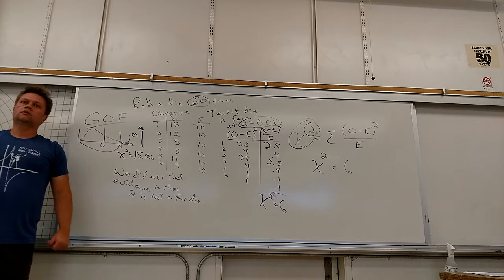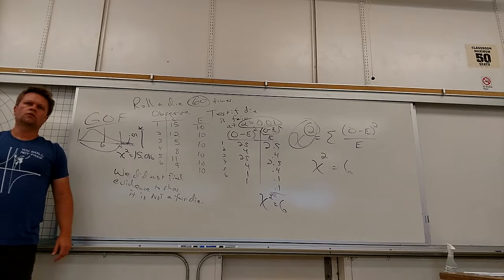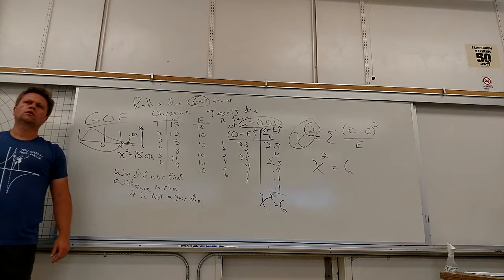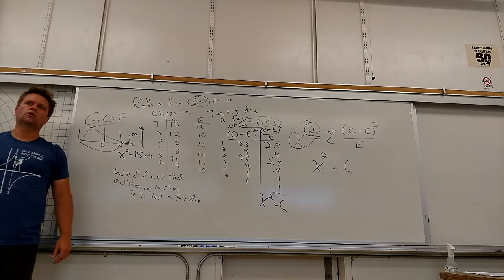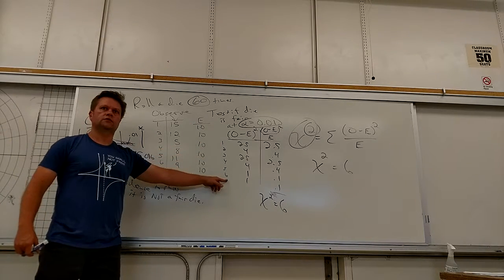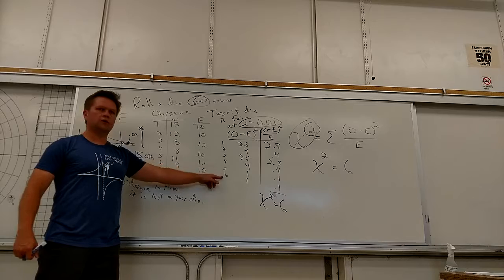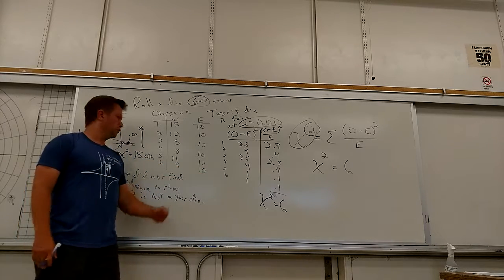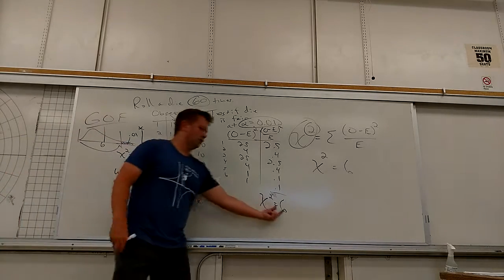Yes? On the problem in the book, I got the decimal for the sum, like 2.26. So in that case, would I just... No. Degrees of freedom is based on the number of categories. There were 6 categories. Oh, no, chi-square, no, this just happened to be 6.